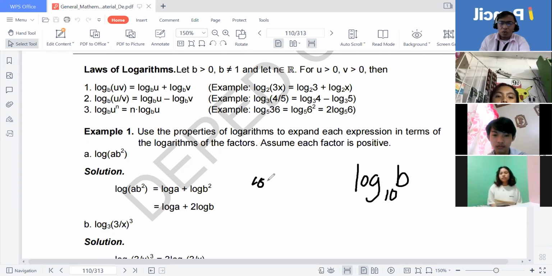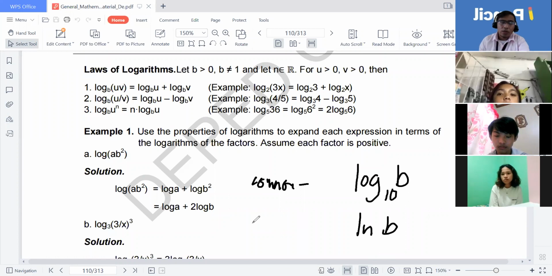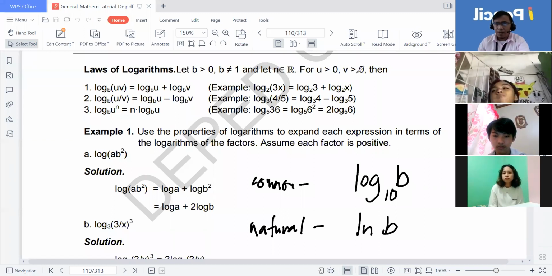It is called common logarithm. And if you see ln of B, that means the base of that is e. That is called natural logarithm. Those 2.